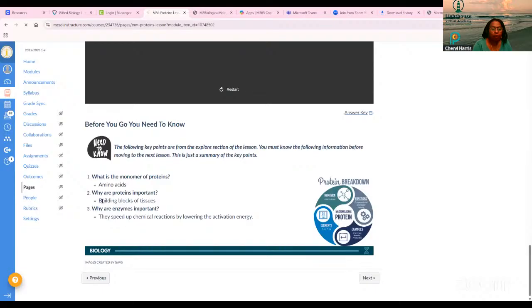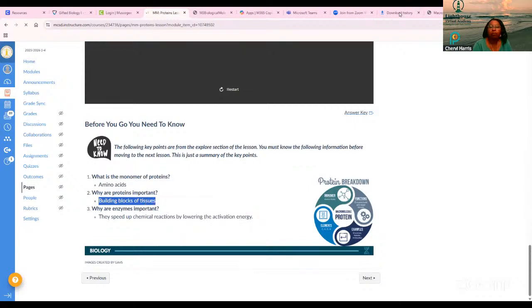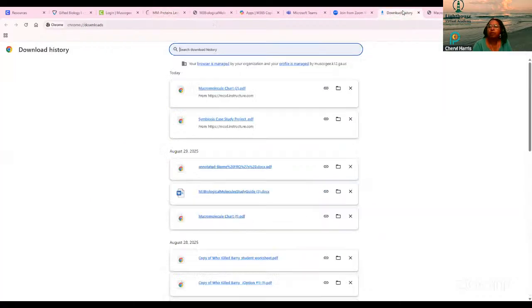Okay. I think what I told you that you should have in your first box are the things here under function, you should have the proteins are the building blocks of tissues. Let me see if I can't add that to my chart right now because it is a PDF. That's also a PDF.